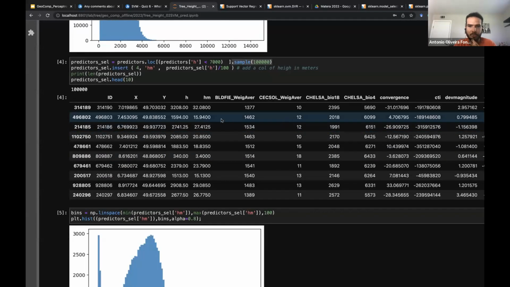For example, this variable, the sexol, is like 10, 12, 15 and so on. Now the Chelsea is in the 2000s, 3000s, right? So the magnitude is different, but the difference in magnitude doesn't matter.